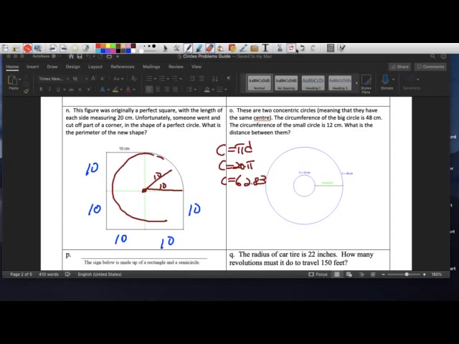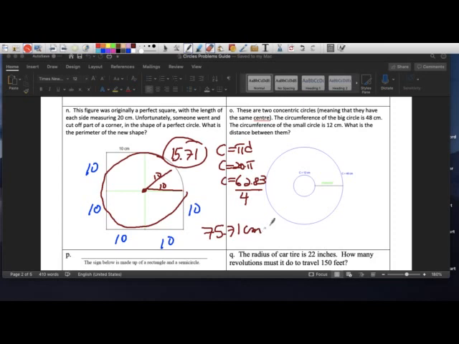If that was a full circle and you walk the whole circle, it'd be 62.83 centimeters, but we're not interested in that. We divide that by 4, and this is actually 15.71. Then we have 10, 20, 30, 40, 50, 60. 60 plus 15 is 75.71 centimeters.